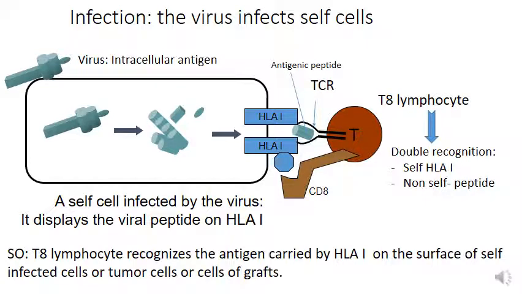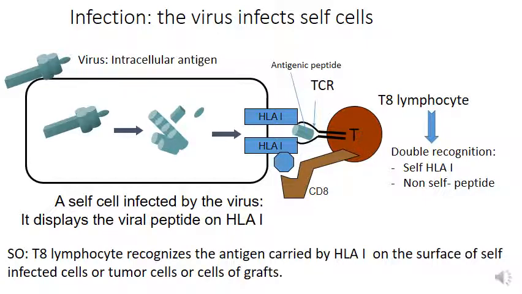After synthesizing, of course, these peptides, the cell is going to present the viral peptide on HLA class 1. Why class 1? Because the cell that could be an intestinal cell, a pulmonary cell, a hepatic cell, it doesn't possess HLA class 2. So it's only HLA class 1 present on its surface. That's why the antigenic peptide will be displayed on HLA class 1.